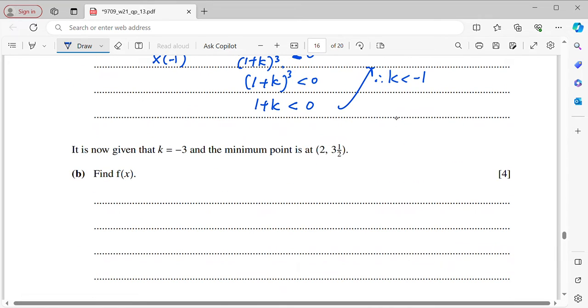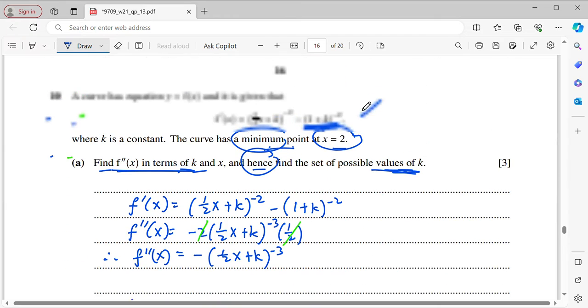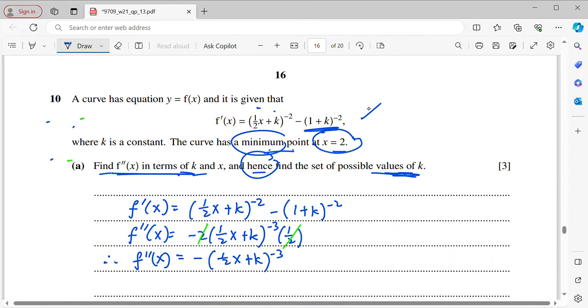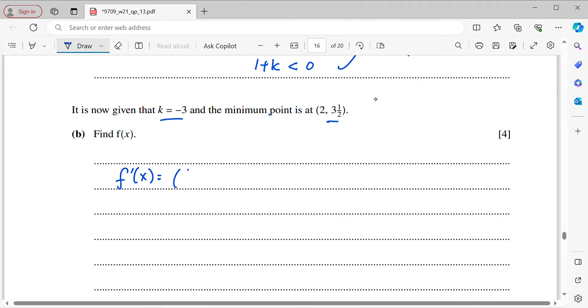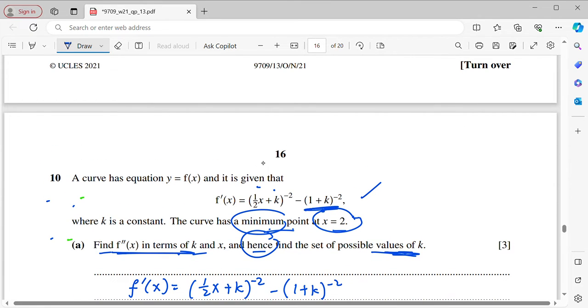Okay, now given that k equals to minus 3. Okay, that's why k less than minus 1. And the minimum point is at 2, 3.5. Find fx. So to get fx, we need to rewrite our f prime x. So f prime x, half x plus k. Replace the k first. The k is minus 3. So half x minus 3 to the power of negative 2. Then after that, minus 1 plus k to the power of negative 2.